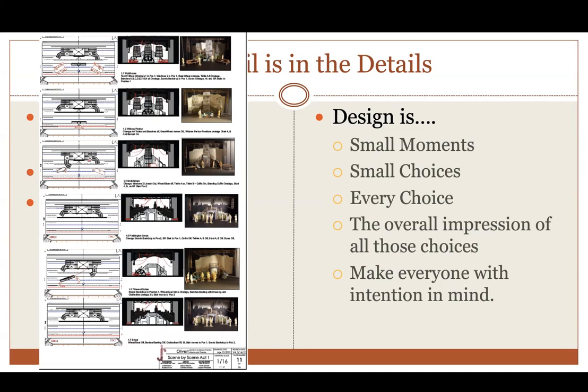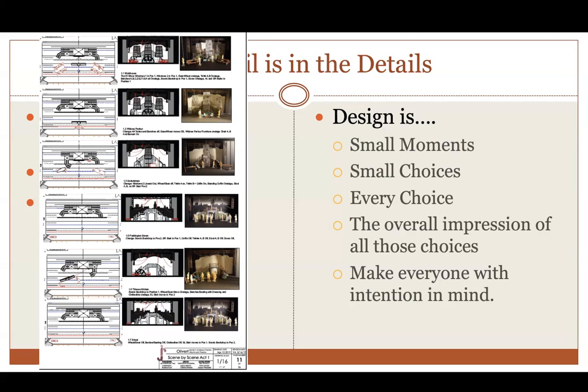So, what I mean by that is that design is the small moments, the small choices, and every little choice that we see and feel in an object that we encounter daily. The difference between a crisply made bed and a thrown together bed. It's every choice we see on stage that a person at one point made.